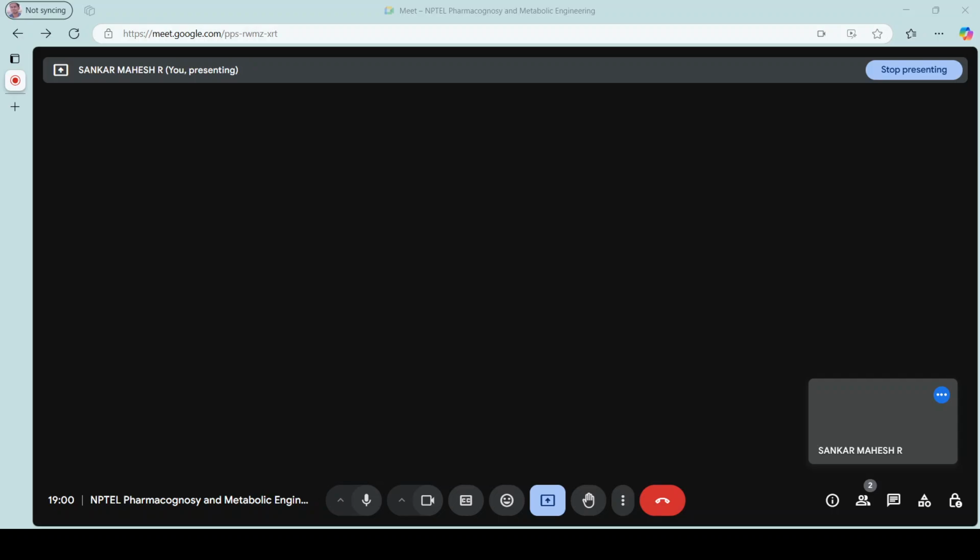Now, if we see here in B, there are two different media. One is the cell suspension culture in M9 medium, which produces shikonin and its derivatives. And the one on the right is the LS medium, which is used for cell culture. So this is how the process is.